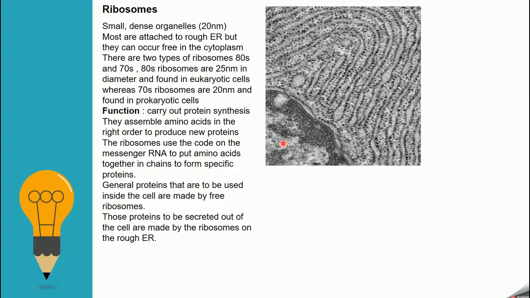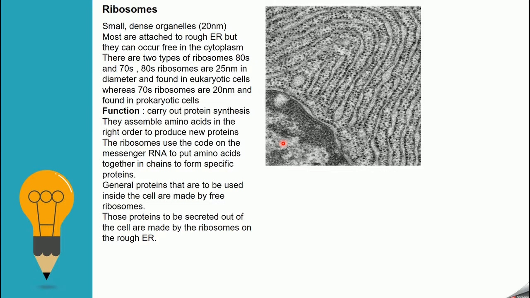So the ribosomes carry out protein synthesis, and proteins, as you know, are made up of amino acids. So the ribosomes assemble these amino acids in a certain order to make new proteins, and the ribosomes use the code on the messenger RNA to put amino acids together in chains to form specific proteins.